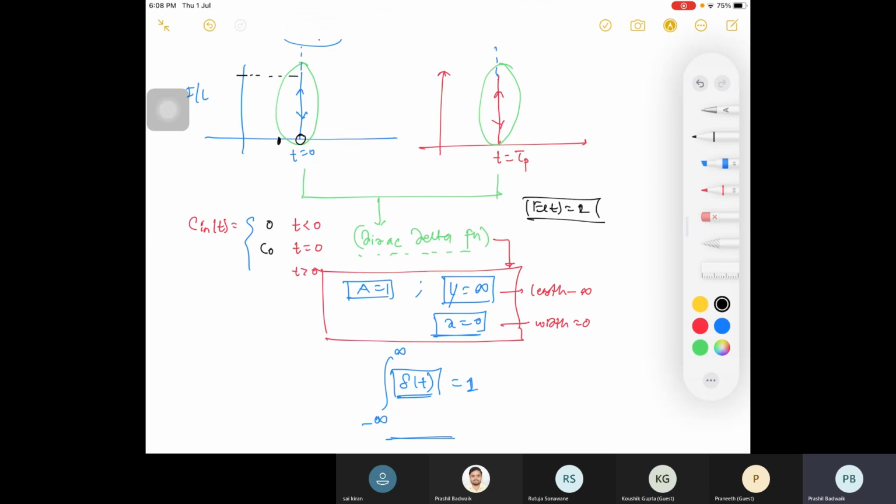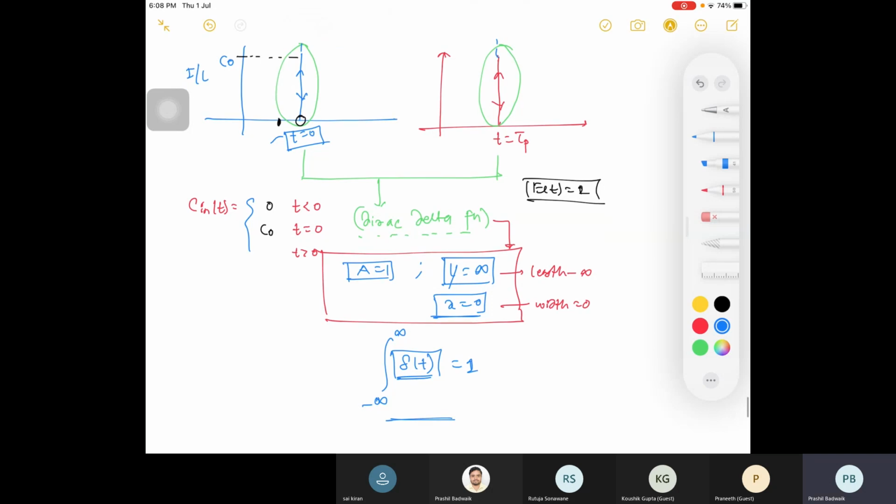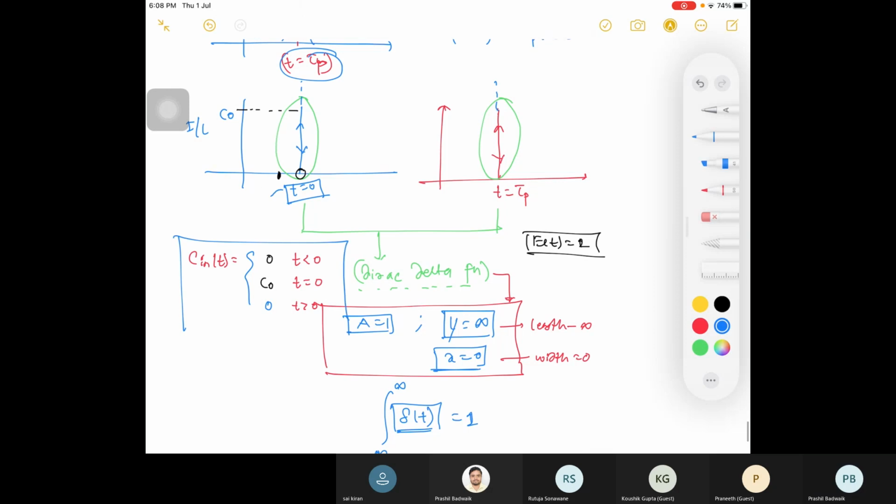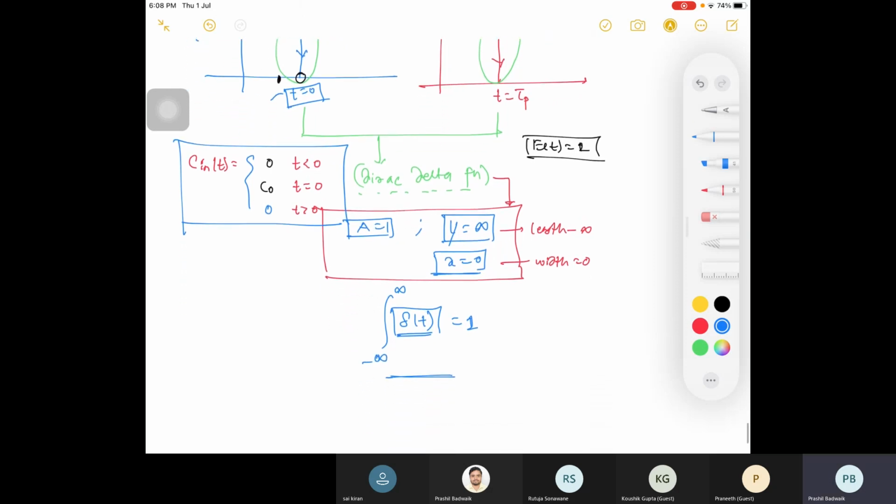In detail I'll explain later. So the value is 0 when time is less than 0. At time t equal to 0, you will have concentration C naught, and after that you will have value 0. Are you guys getting this profile?